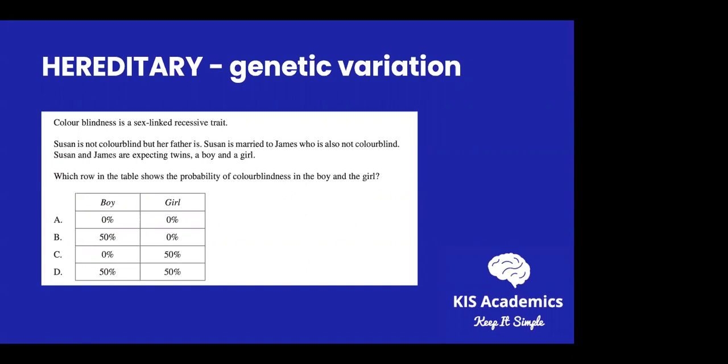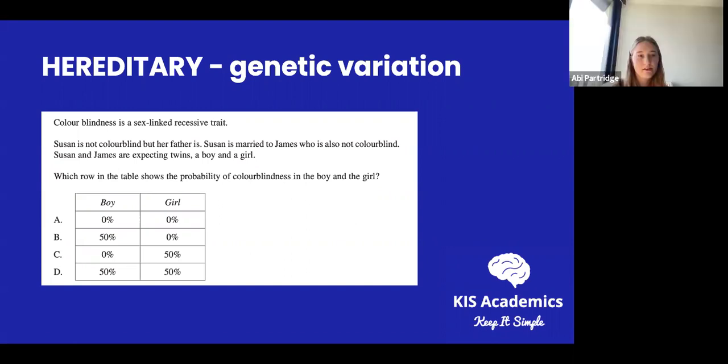Okay, we've got quite a few responses, so we're just going to give it another few seconds so that everyone can get their answers in. Okay, so yeah, most of you answered with B, and that's right. A couple of you said A and a couple said the other ones, but we'll just go through it and have a look. So for this type of question, you're going to need to do a Punnett square.